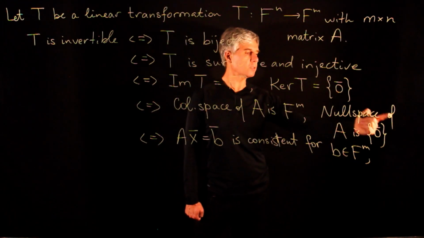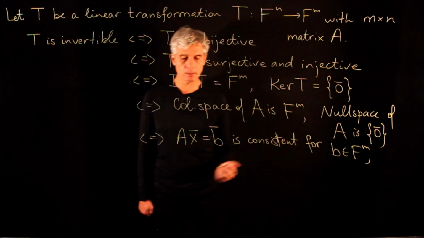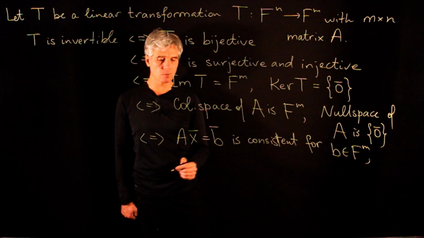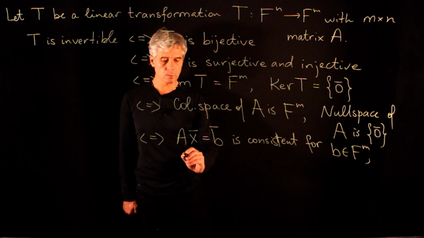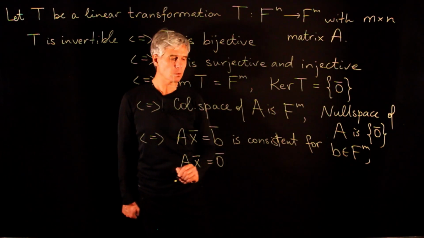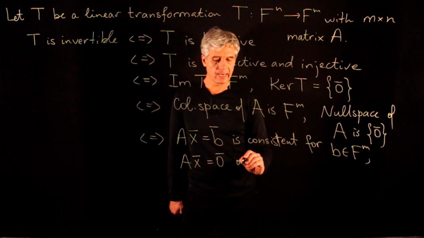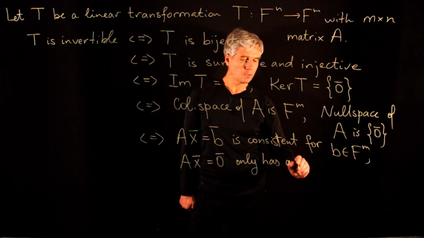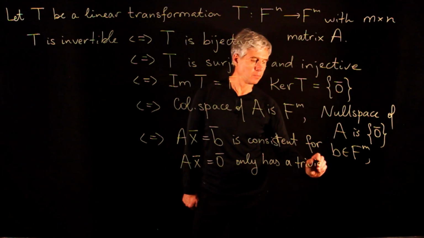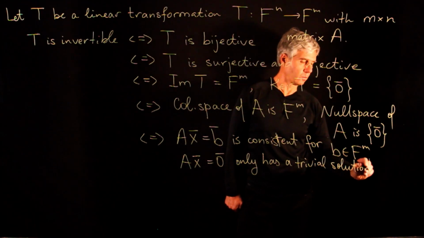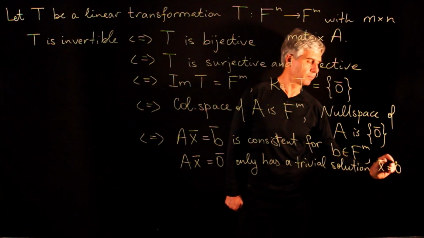And so the fact that the null space of a matrix is 0 also can be expressed in terms of systems of linear equations. This will say that the system AX is equal to 0 only has a trivial solution X is equal to 0.